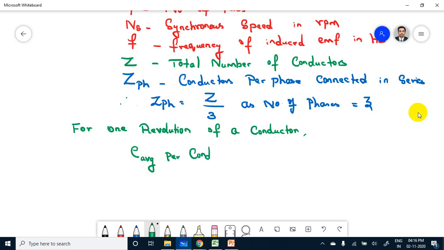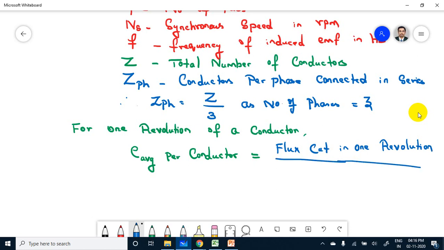E average is equal to the flux cut in one revolution, because when the flux is cut, only then will EMF be induced.